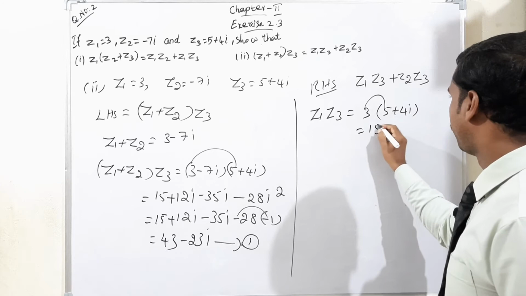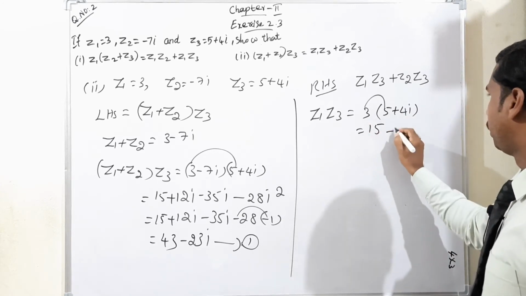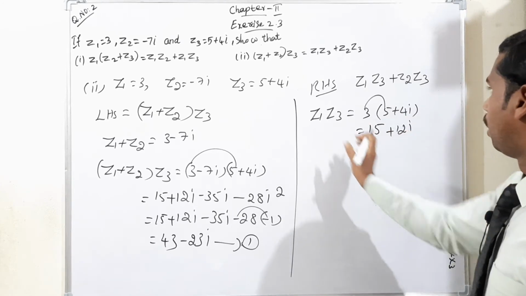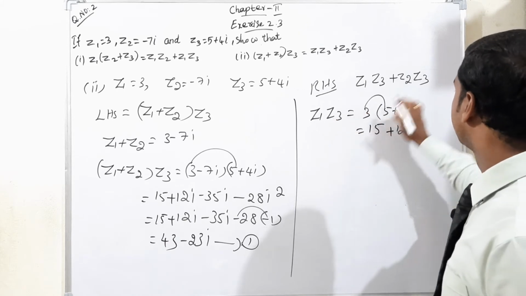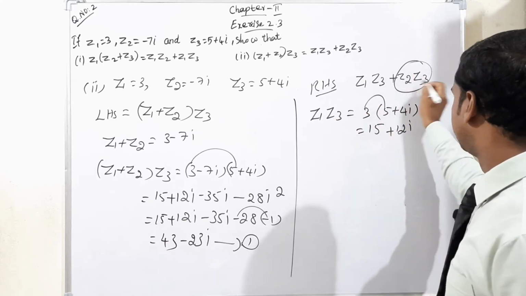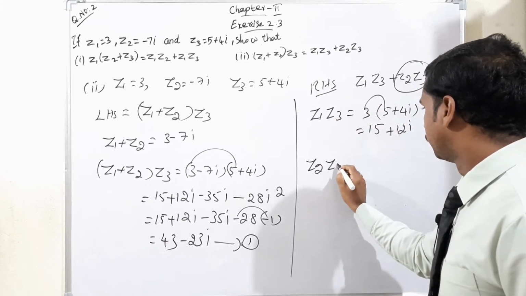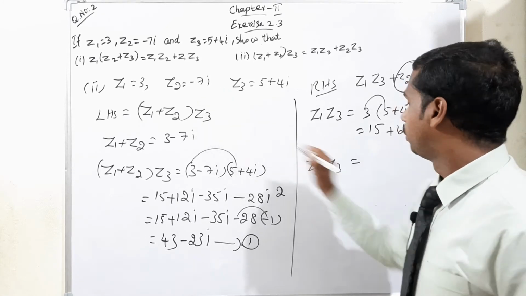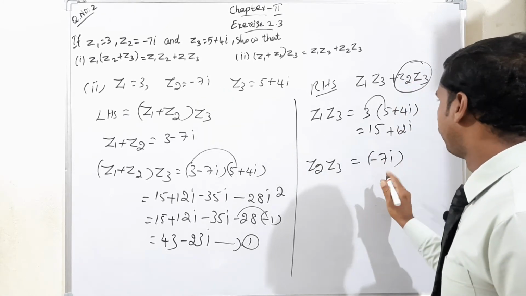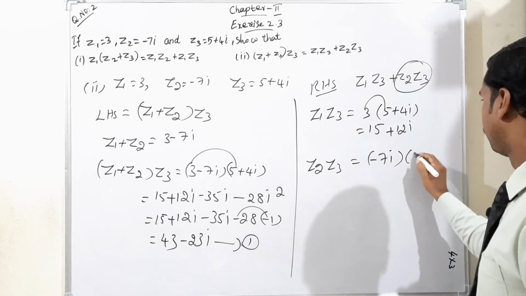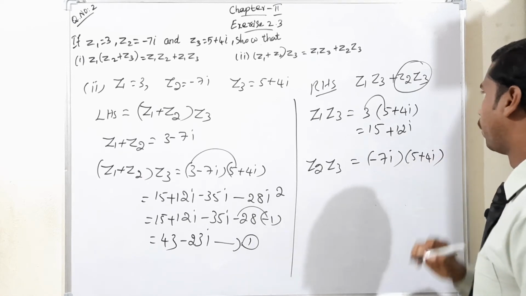Multiply now, 3 into 5, 15. 4 into 3, plus 12i. After getting Z1 Z3, keep it. Now the next one, Z2 into Z3. Z2 is equal to minus 7i into Z3, 5 plus 4i, isn't it?